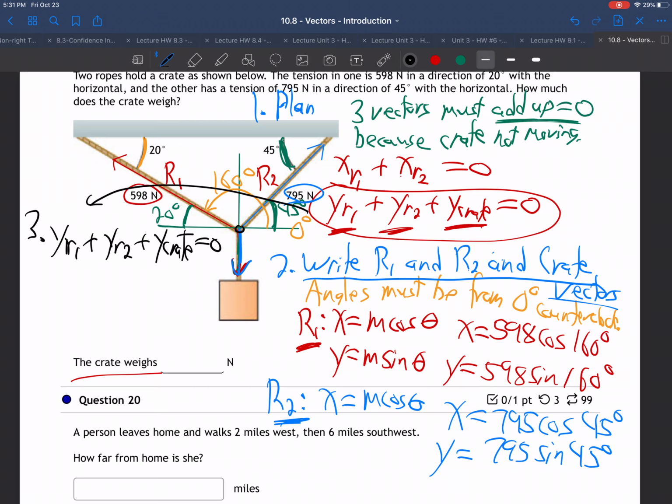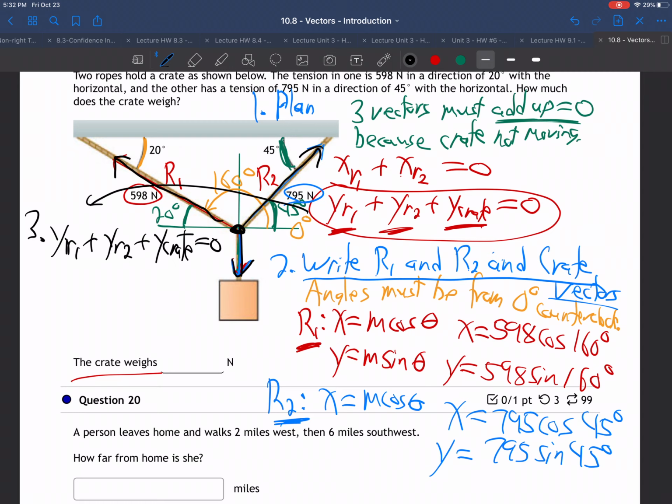Right? Because right at this point, all the y values must cancel out. If not, that crate would be moving up or down. However much rope 1 is pulling up and rope 2 is pulling up, the crate must be pulling down the total amount that rope 1 and rope 2 are pulling up.